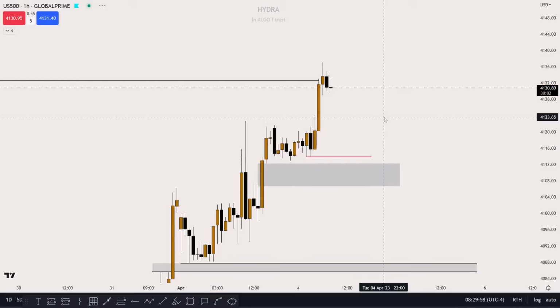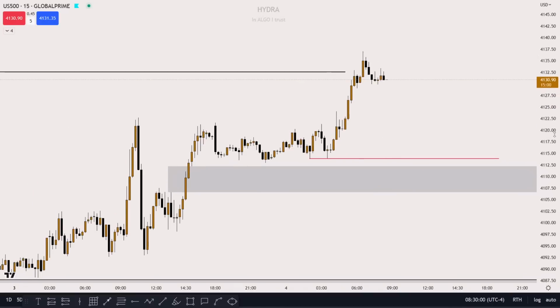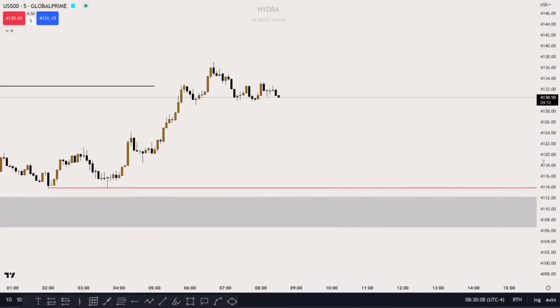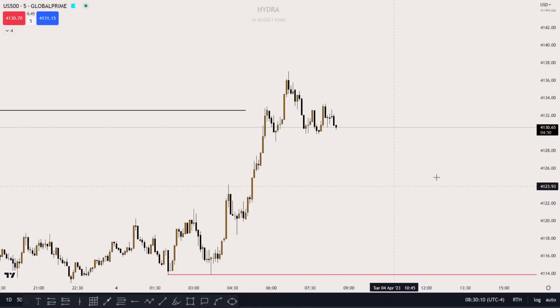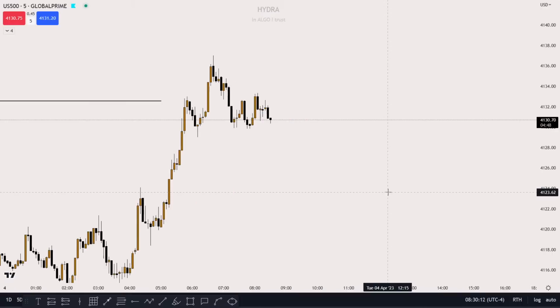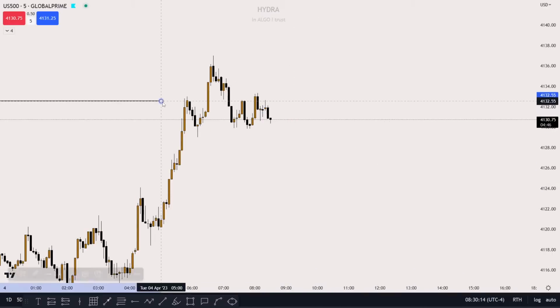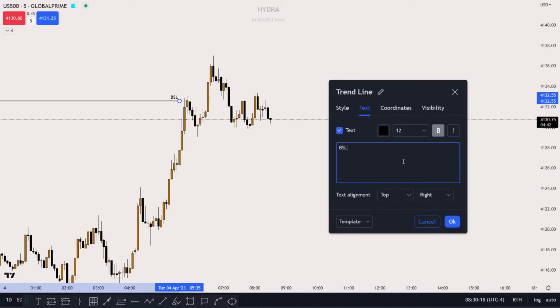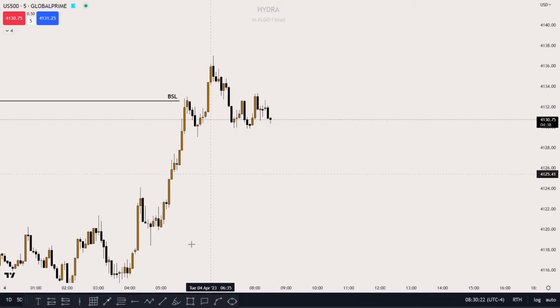Let's go on the 15-minute chart. Nothing is clear yet on the 15-minute. Let's go on 5-minute. On 5-minute, we can see a breaker block. That's our buy side liquidity, right?